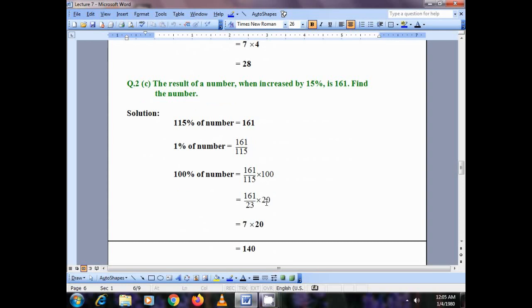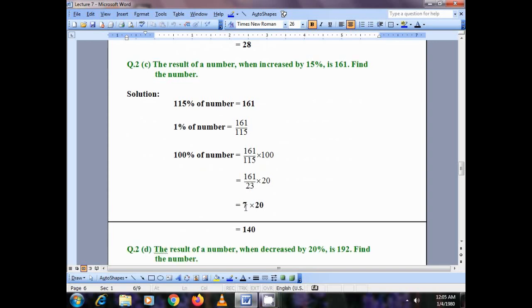It means that 20 times 5 is 100 and 23 times 5 is 115. Again, 161 is a multiple of 23, which means if you divide 161 by 23, you will have the quotient 7. Finally, let's take the product of 7 and 20, which is 140. And this 140 is the required number whose 115% is 161.